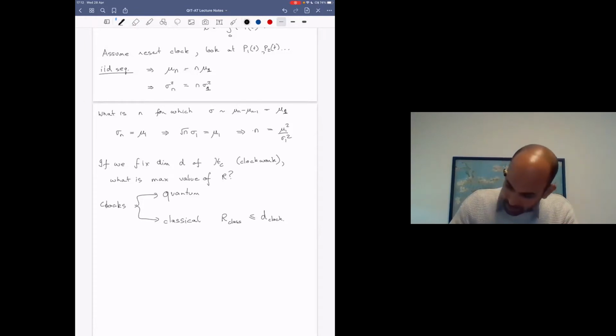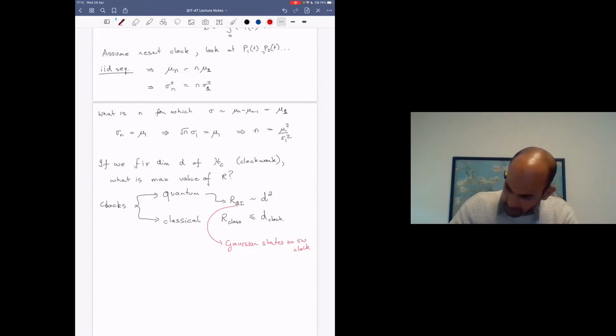In the same paper, it was also shown that the R of the quasi-ideal clock, so remember, these are the Gaussian states on the Salecker-Wigner clock, achieve a precision value of the order of D squared.